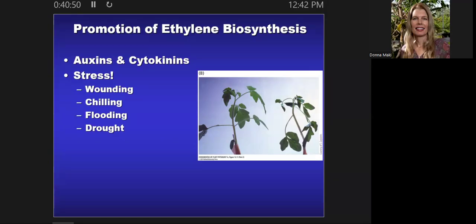We will look at how plants respond to abiotic stress later in the semester. But basically, ethylene should have been named the stress hormone. Unfortunately, a different hormone got that nickname. Really should be ethylene though, because pretty much any abiotic stress, they do see ethylene getting kicked into high gear and helping the plant deal with that.